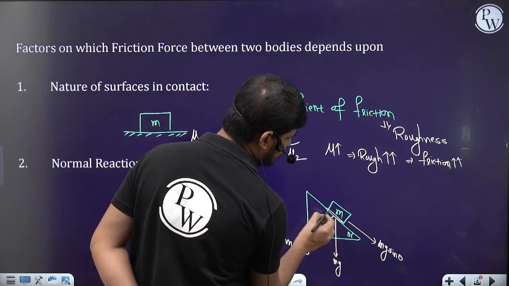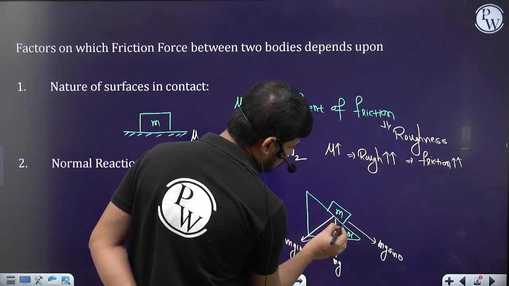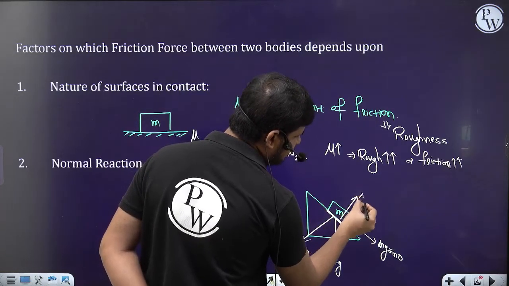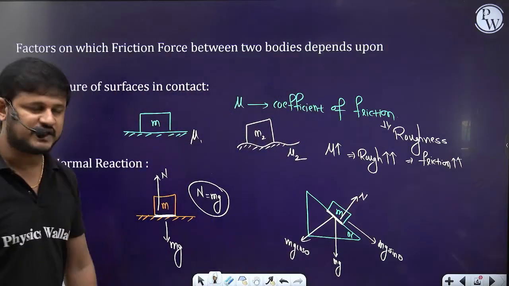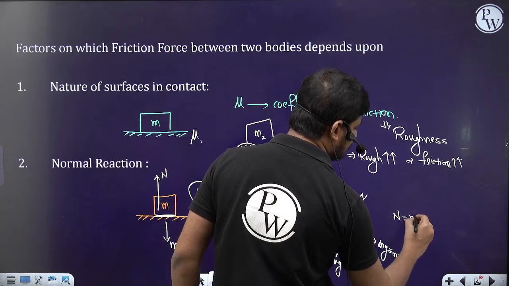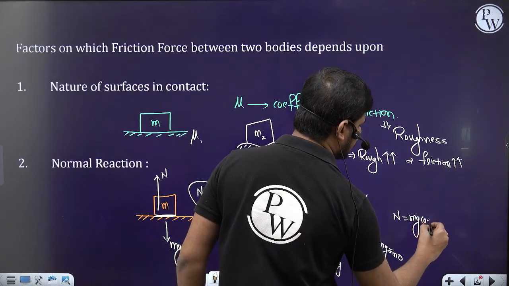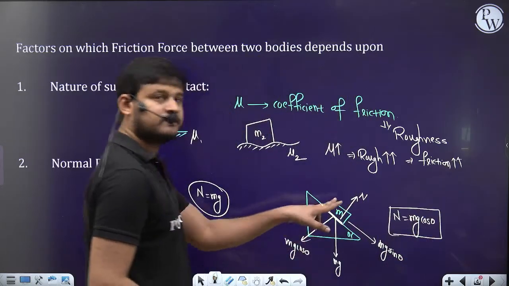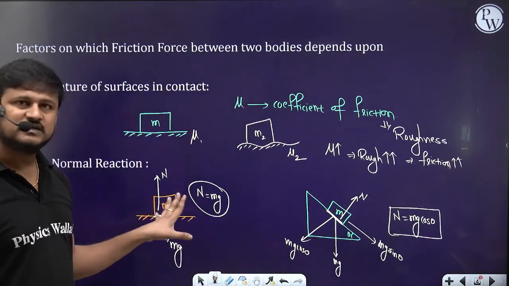Now the normal is going to be here. The surfaces are in contact here, so that's why the normal force is perpendicular to the point of contact. So in this particular case, the normal is equal to mg cos theta. Understanding? Clear, guys? The basic things.